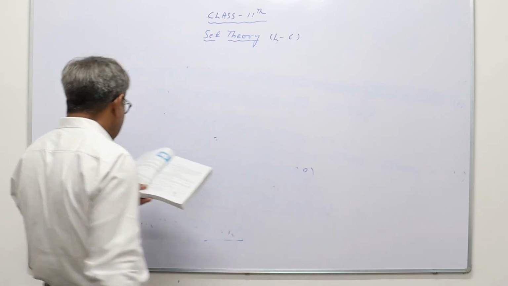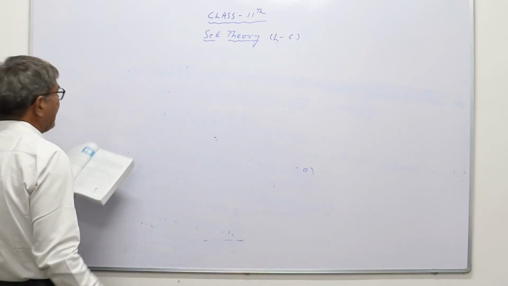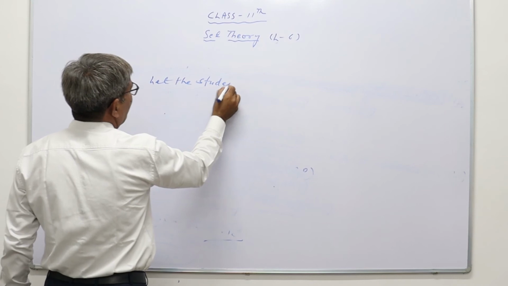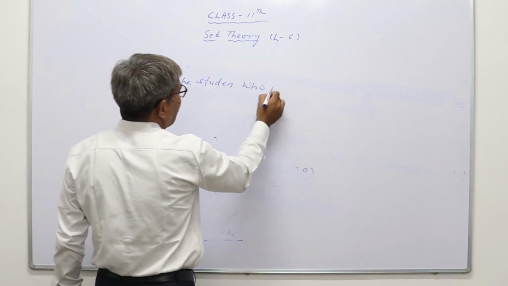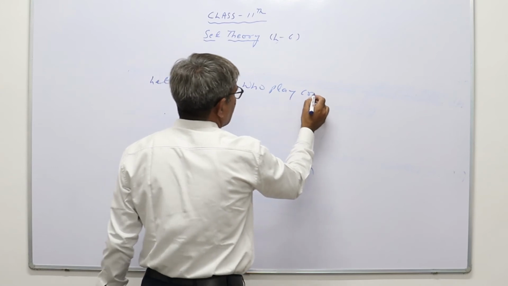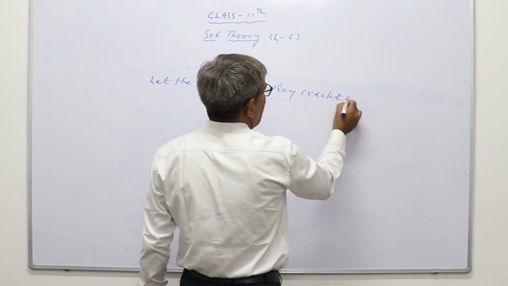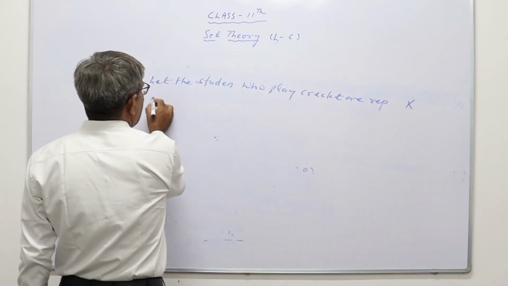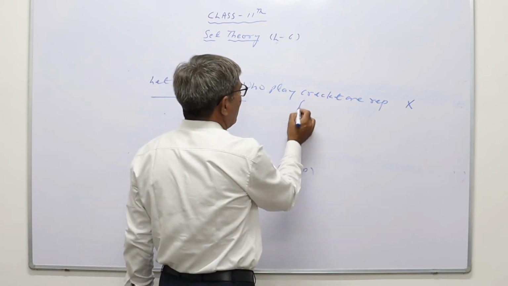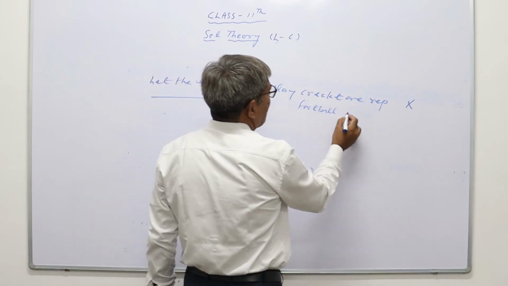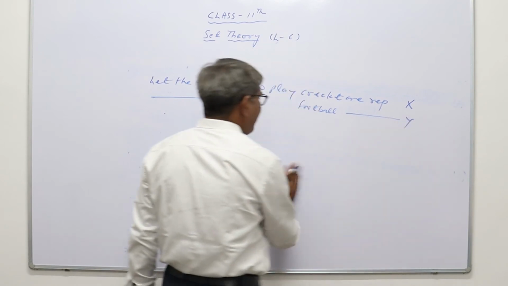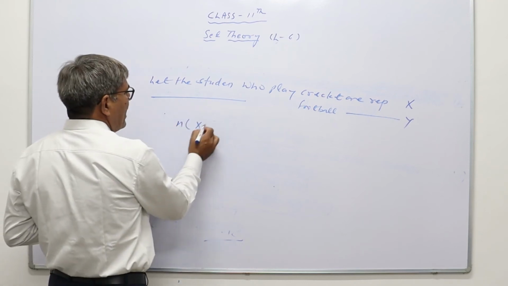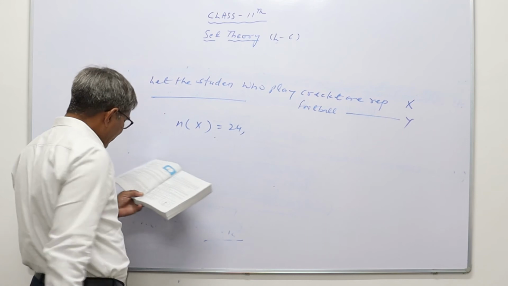So, let the students who play cricket be represented by set X, and similarly the students who play football be represented by the set Y. Then the number of students playing cricket is given as 24.